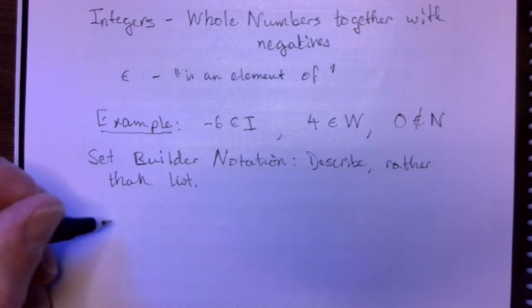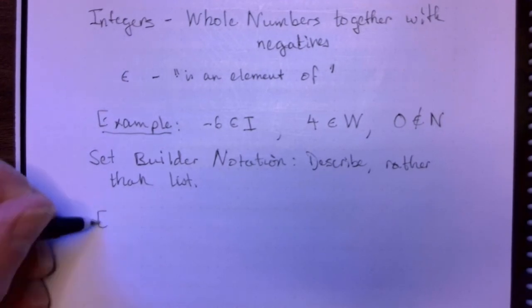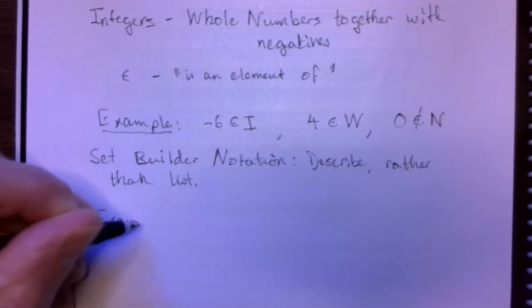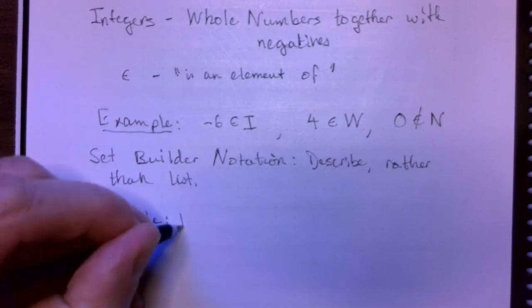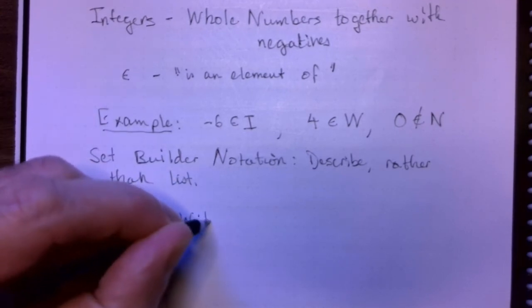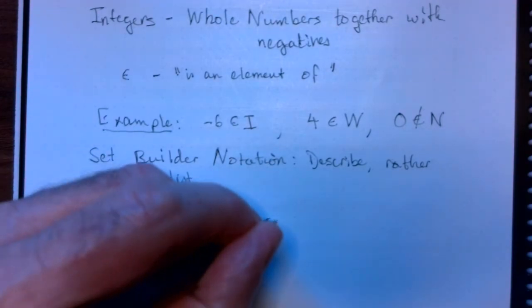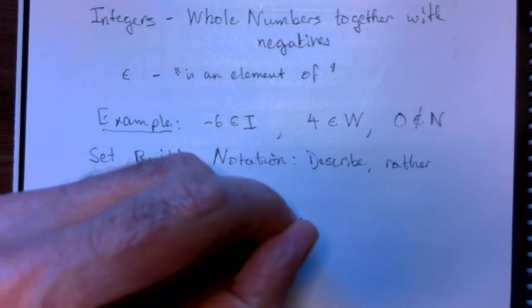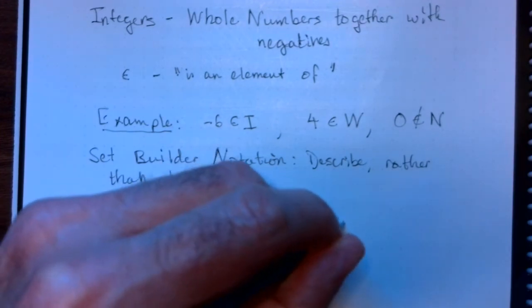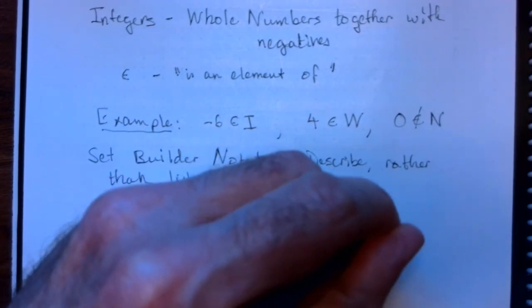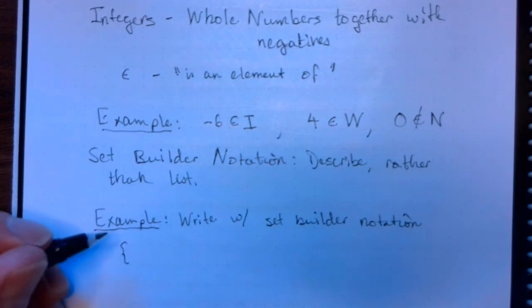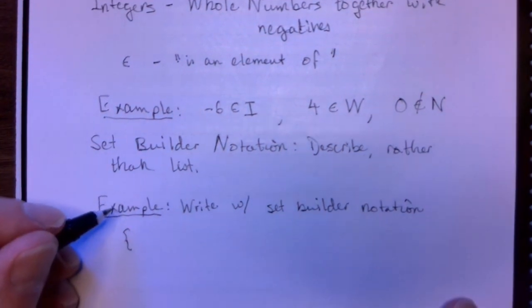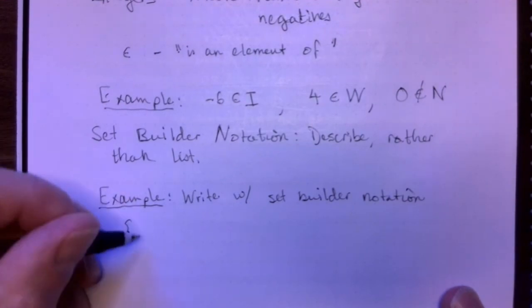So let me give you an example of working in set builder notation. So this is the set. Now I'm going to write it down in the roster method, and then I'm going to convert it to set builder notation.